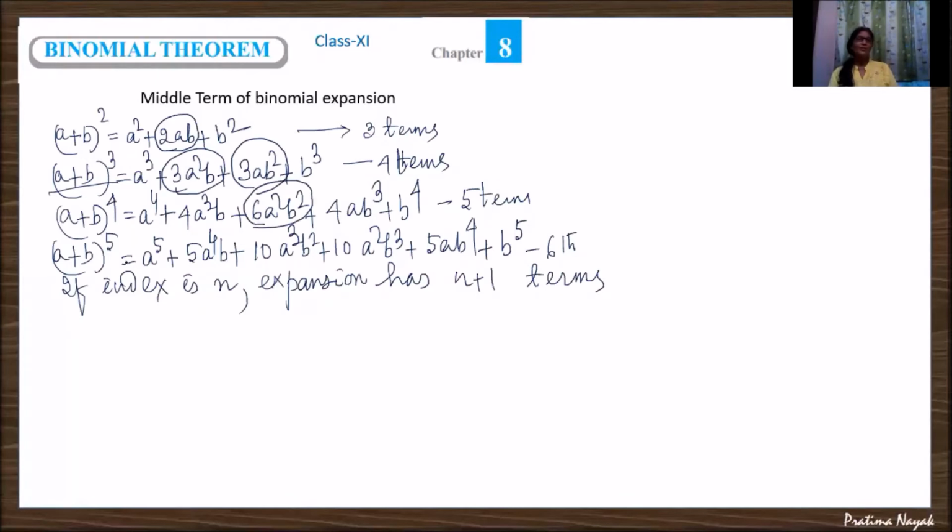And when it is (a + b) to the 5, again there are 2 middle terms. That means when n is even, then there is 1 middle term.